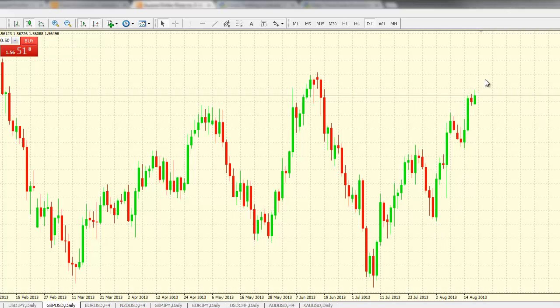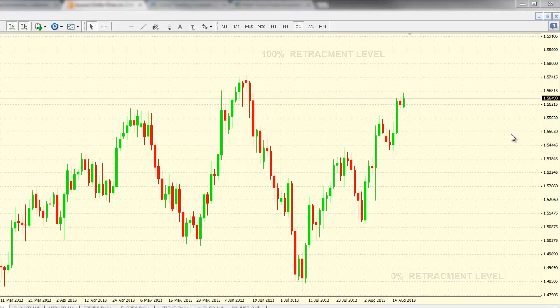the entire price range. Therefore, the high price would be the 100% retracement level, while the low price would be the 0% retracement level. Next, we apply the retracement levels of the indicator onto this price range between these two extreme points, taking the high point as the 100% retracement level and the low point as the 0% retracement level.